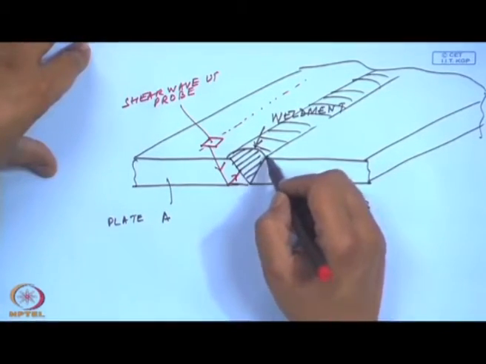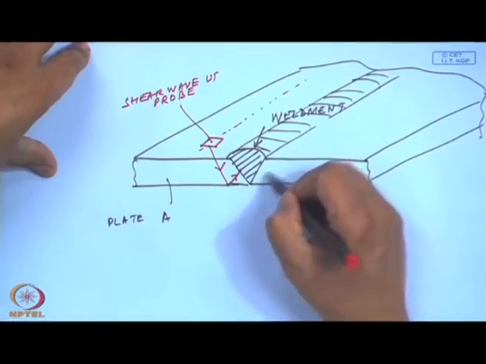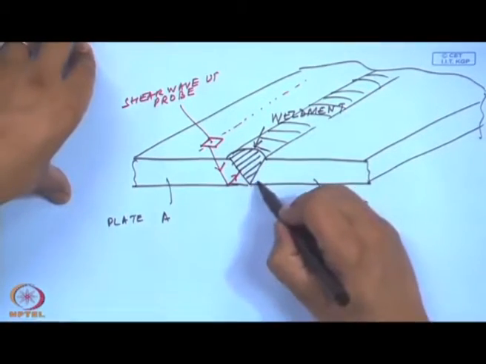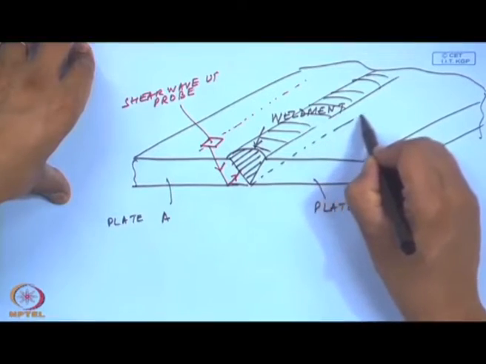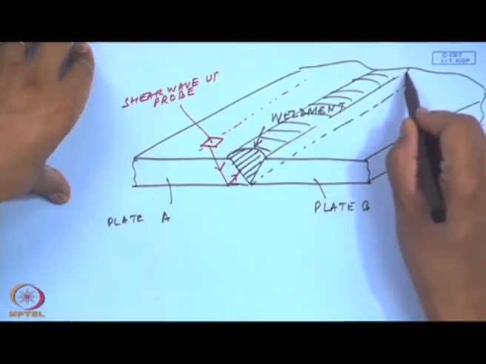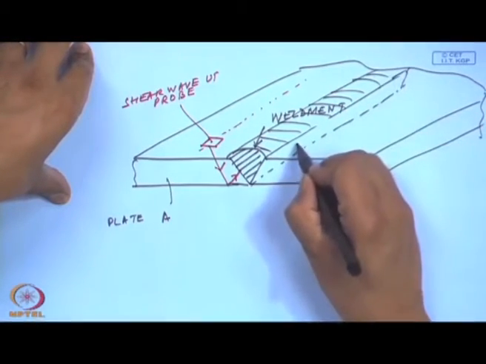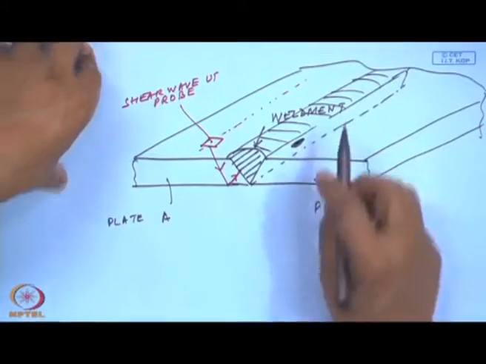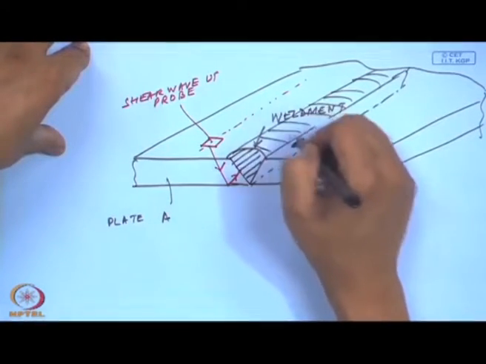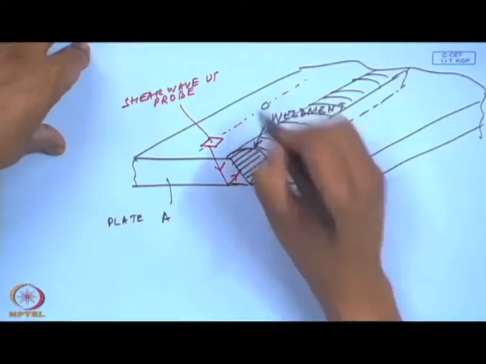Whenever there is a flaw in the weldment, the intensity of the reflected wave is going to change.